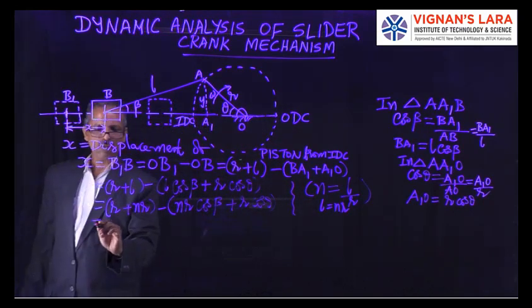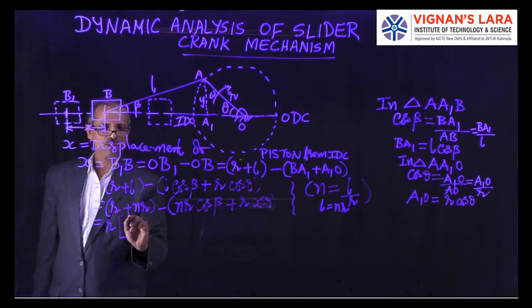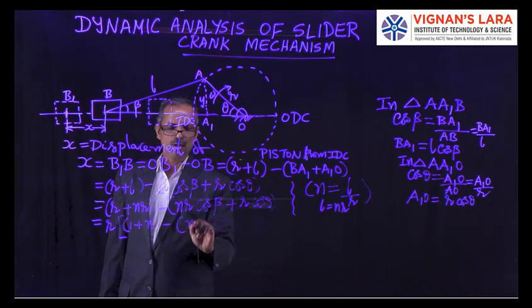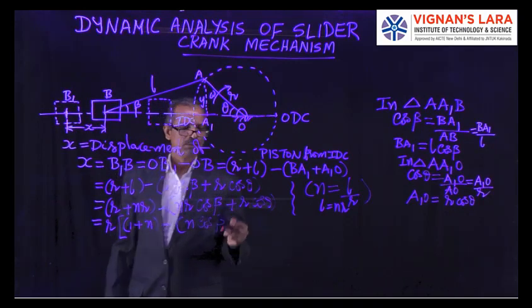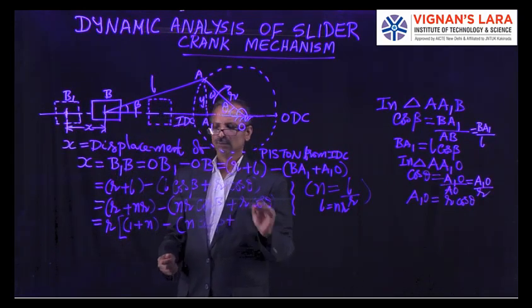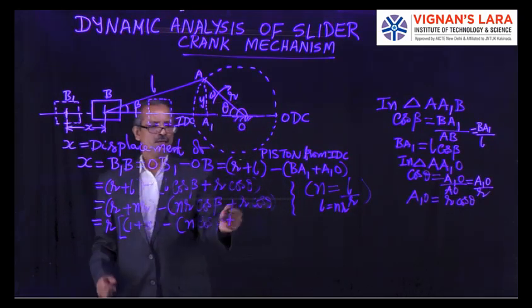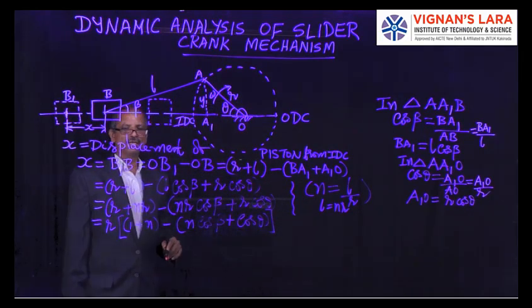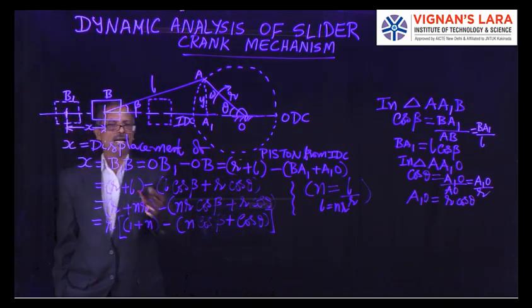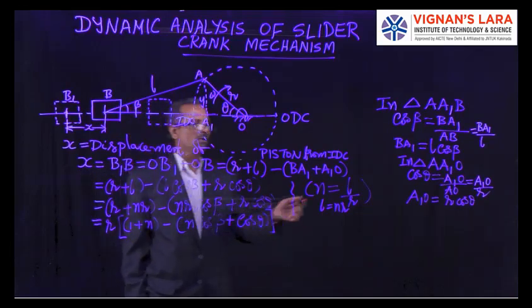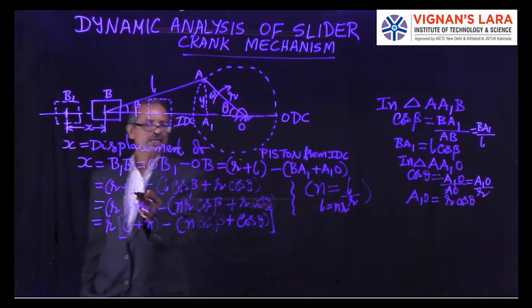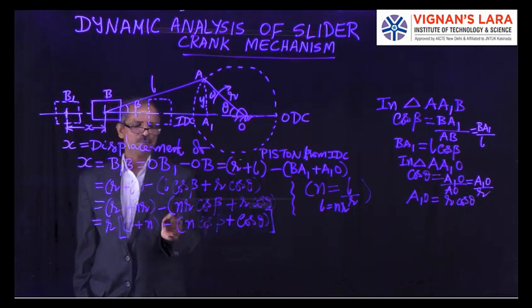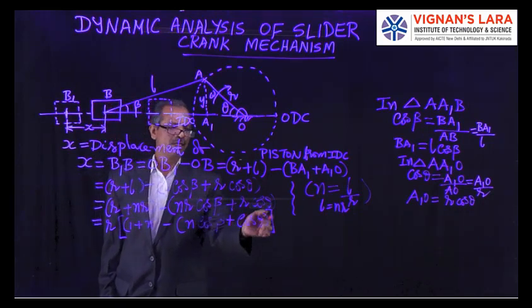Taking R common gives R times 1 plus N minus N cos beta plus cos theta. Wherever L was there, I have replaced it by NR and taken R common.